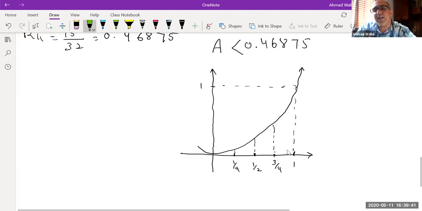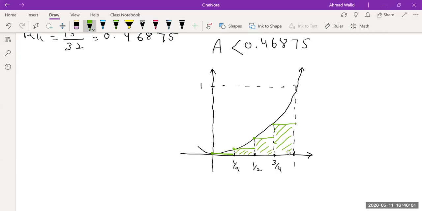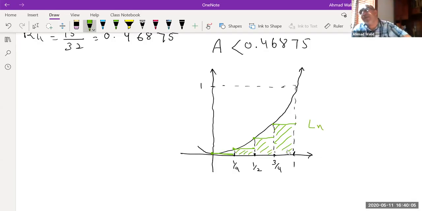If I connect here, it doesn't give me even a rectangle. I will connect this point to here. I will connect the left to the right, the left to the right. It means now I'm calculating these rectangles. Let's show this one with Ln or L of 4 because you are coming from the left.